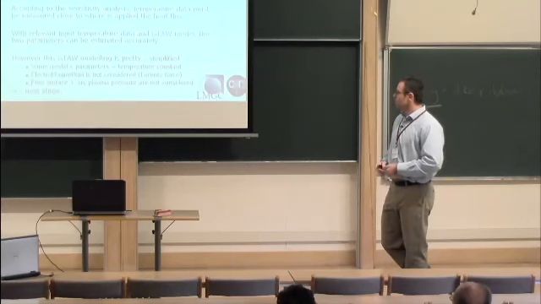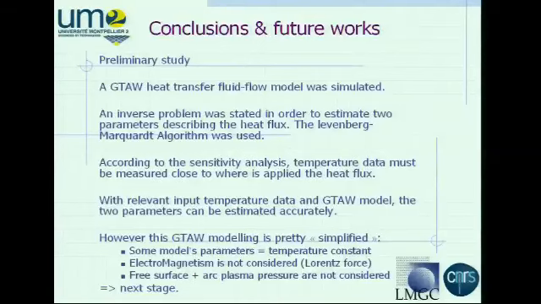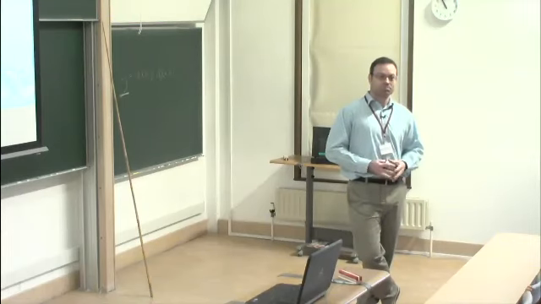So we will have a greater number of unknowns to estimate, and I'm planning, and have almost done, to use the adjoint, the conjugate gradient method, to estimate this surface heat flux, and to improve the modeling as well, because the aim of this PhD is in the end to do a full multi-physics modeling: electromagnetism, heat, fluid flow, and heat transfer, for high intensity. Thank you.